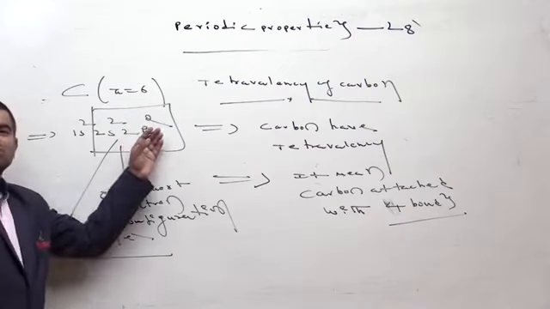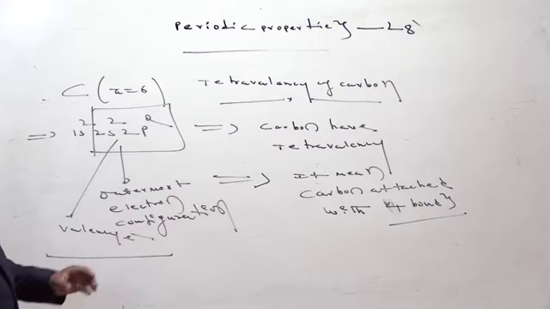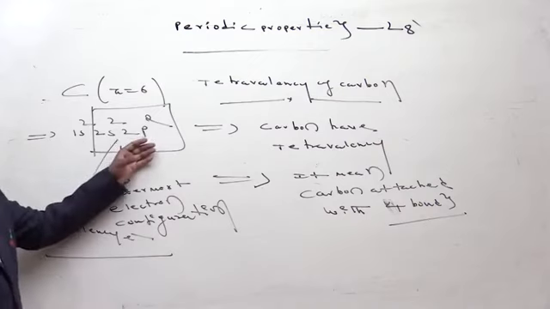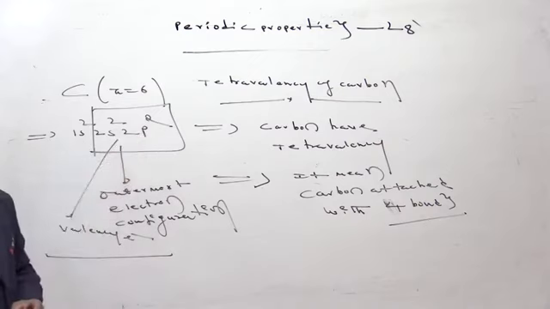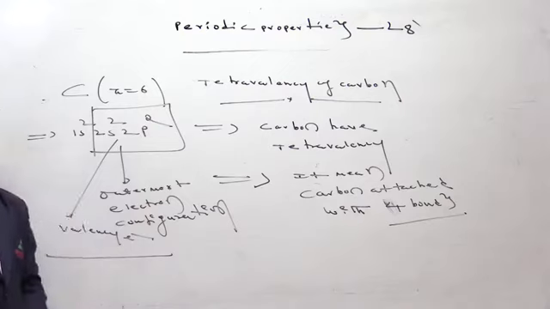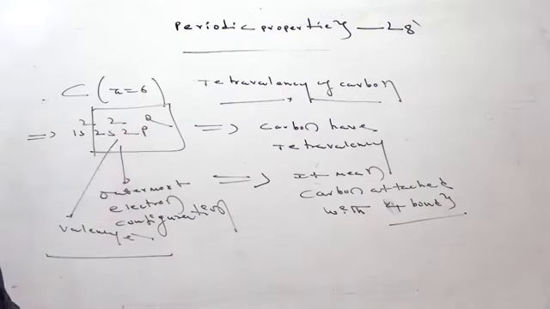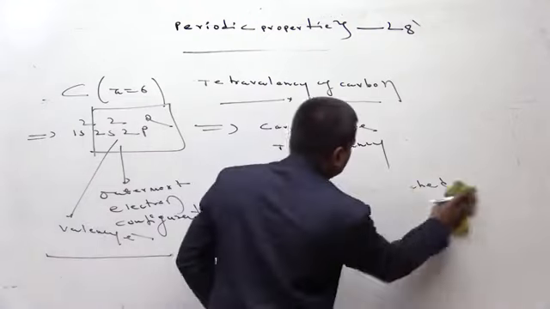Because there are only 4 electrons in the outermost shell, 4 more electrons are required to complete the octet. That is why the valency of carbon is taken as 4.